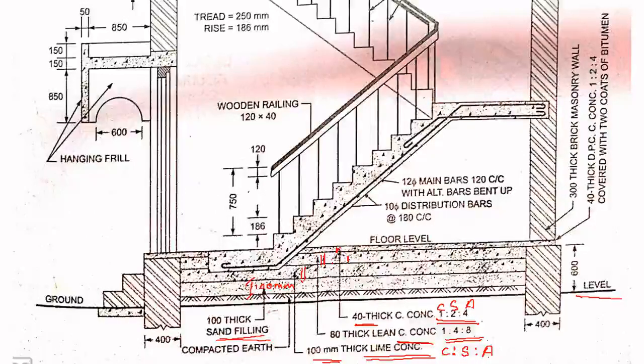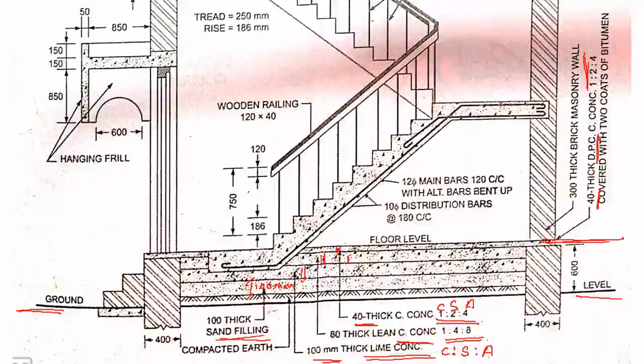So this is your ground level, and above this concrete you have a floor. You call it the floor level, and at the floor level you have a 40 mm thick damp proof course. This is called DPC, damp proof course. That is a cement concrete of 1:2:4.